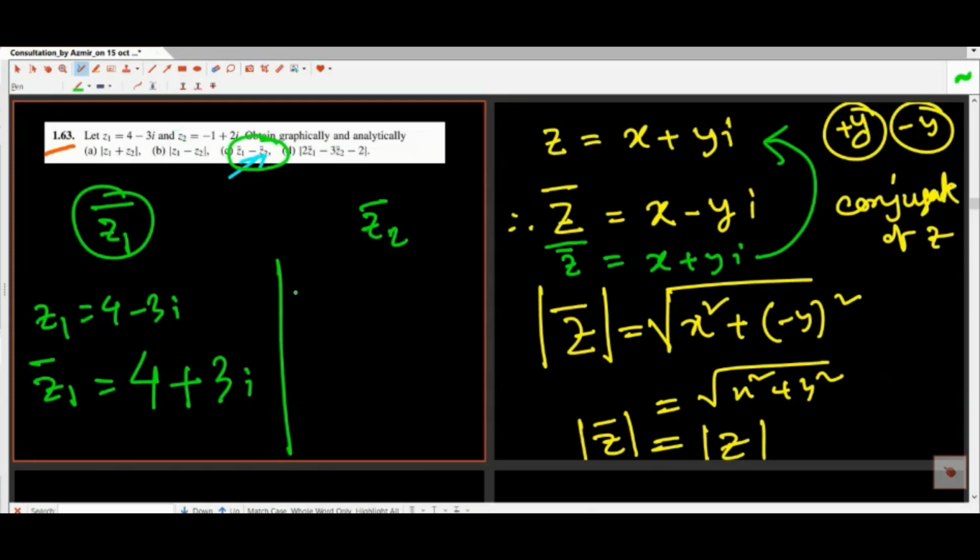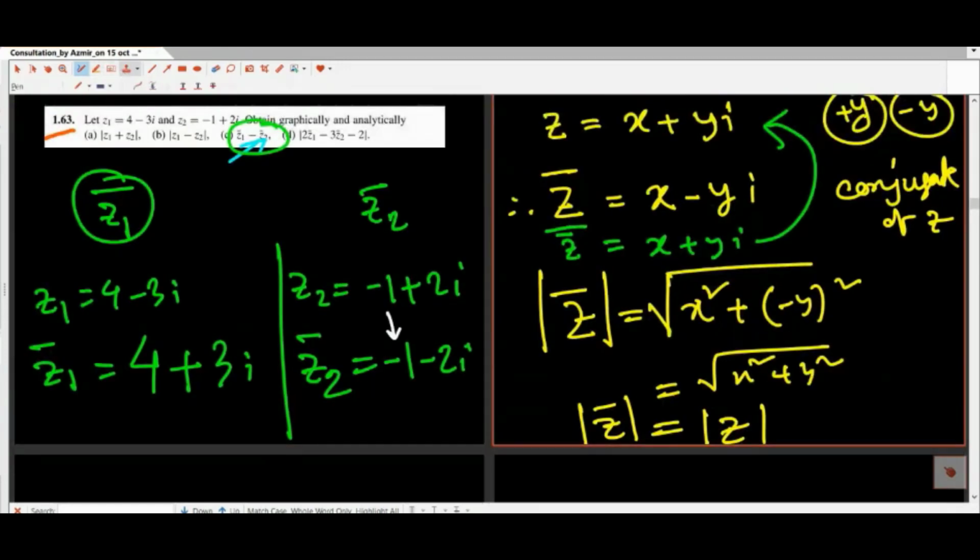Similarly, we have z2. Z2 equals negative 1 plus 2i. So z2 bar will be negative 1, negative 2i. Remember, there will be no change in x. X is just like the previous one, but we are changing the sign of y. So this is the definition of conjugate complex number.